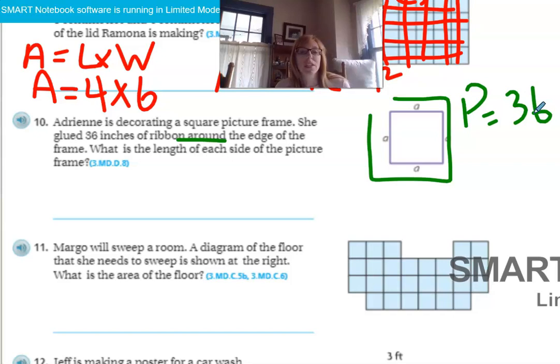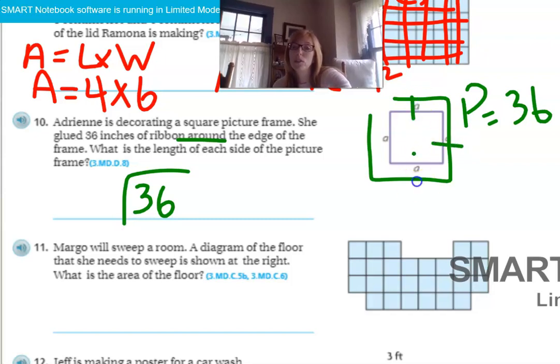The length of each side of the picture frame. What is the length? So it's a square, so that means that all 4 sides are equal. So if I want to do some math, I have 36, and I have to equally divide it among 1, 2, 3, 4 sides.